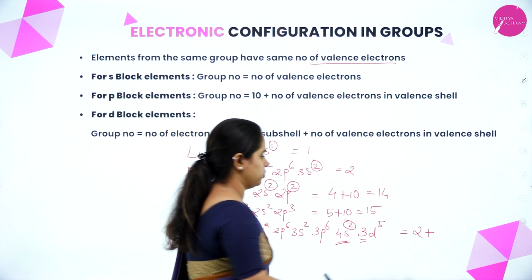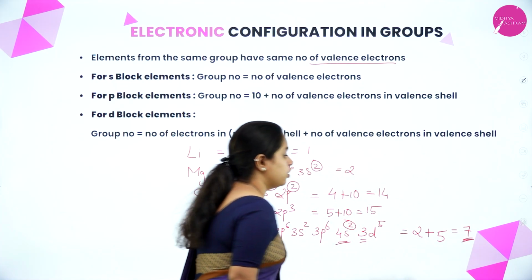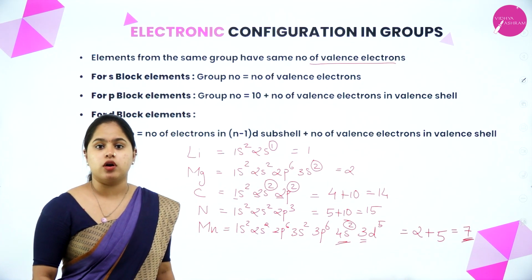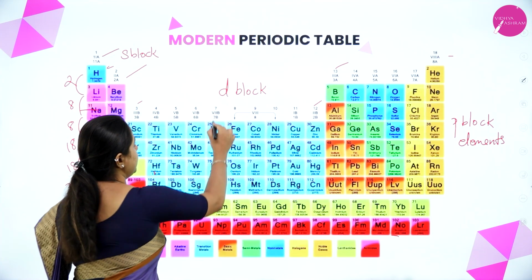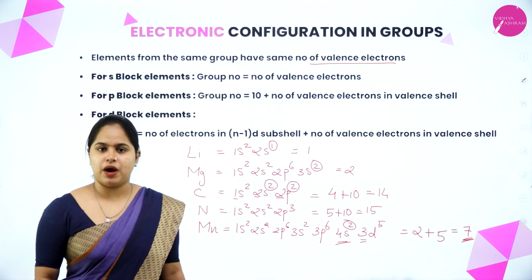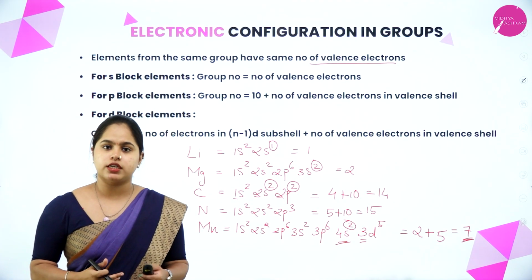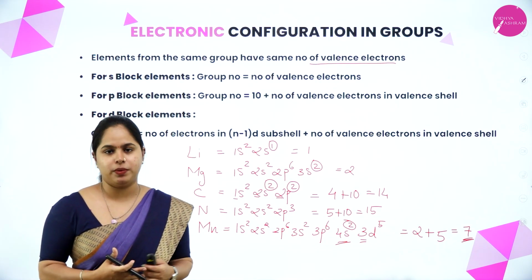There are 5 electrons. That means 7. So manganese belongs to group number 7. Let us check it once. You can see it belongs to group number 7. I hope this part is clear, how from the electronic configuration of an element you can determine the period and group number.